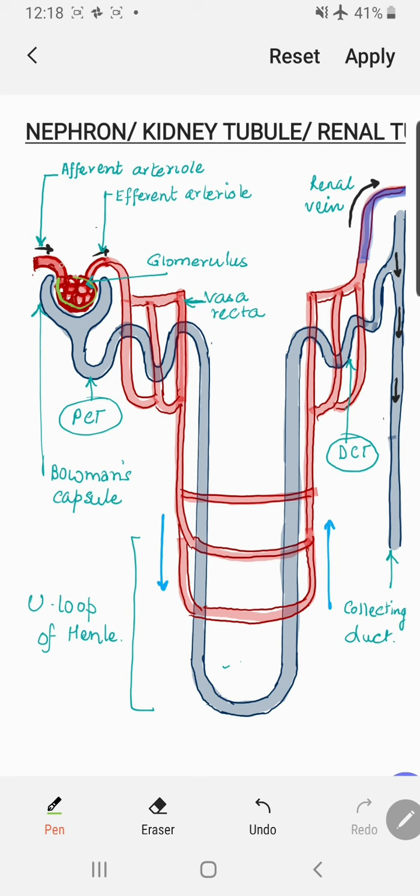Obviously some structure must be present where the blood comes into the glomerulus, and there would be a blood vessel where the blood goes out of the glomerulus, right? So the incoming of blood is through the wider arteriole, the afferent arteriole. Let me tell you what an arteriole is. Suppose in your body this is an artery. I believe you understand artery.